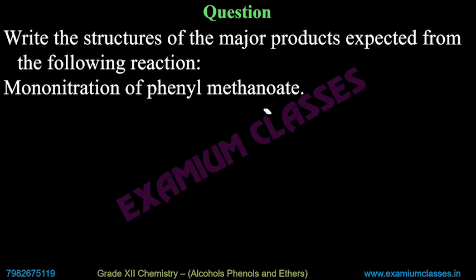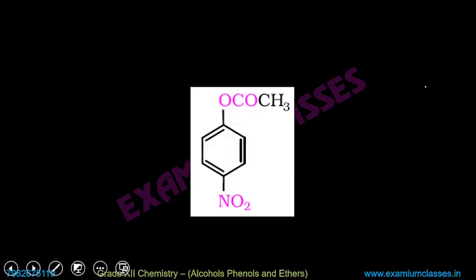Write the structure of major product again for mononitration of phenyl methanoate. Phenyl methanoate. Now, first, you need to consider phenyl methanoate.